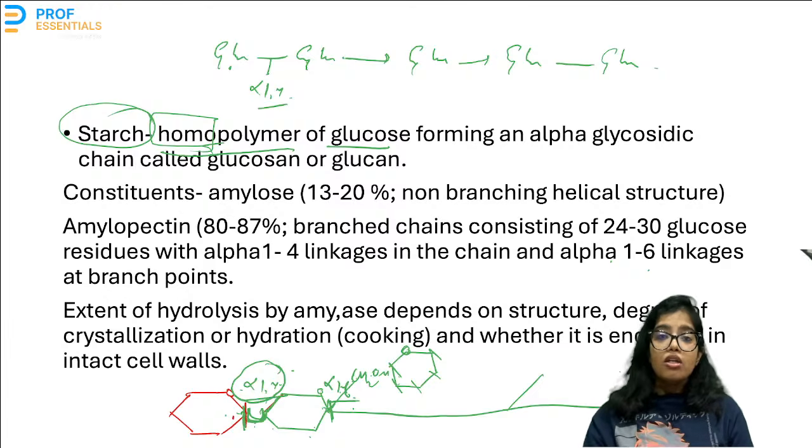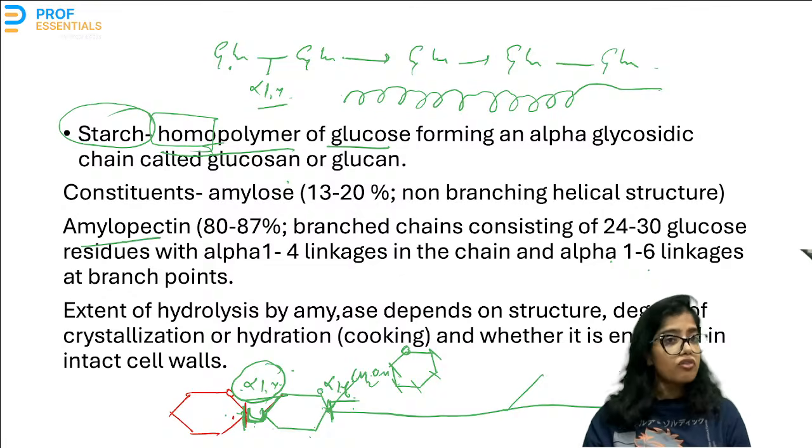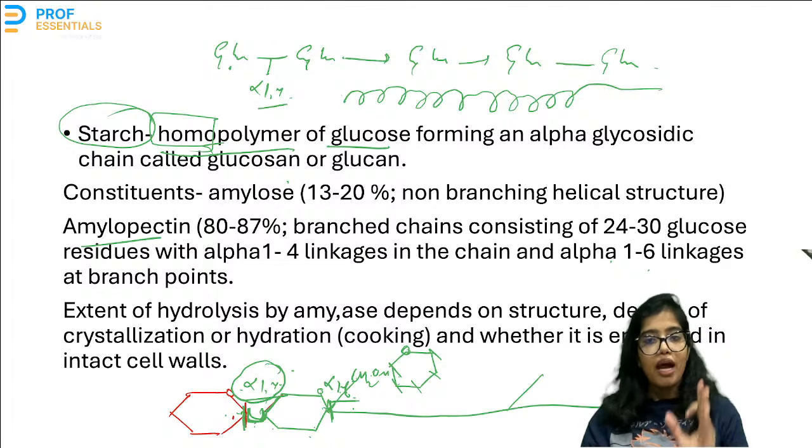Okay. So what happens is amylose is the non-branching helical form like this. It is the non-branching form of starch. It has alpha 1,4 linkages. And amylopectin, which forms the major part of starch, is the branched form also.